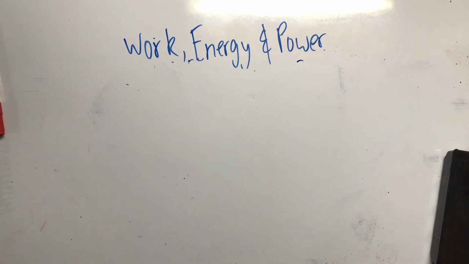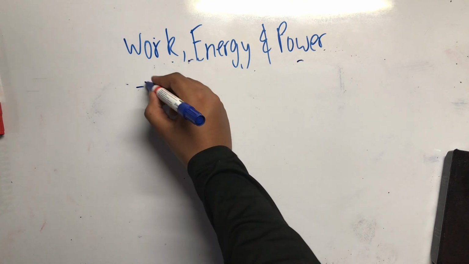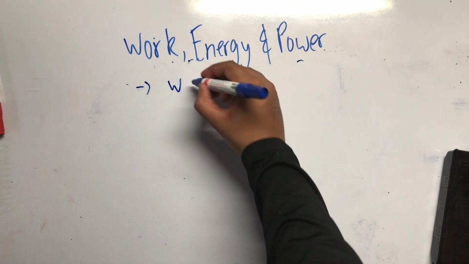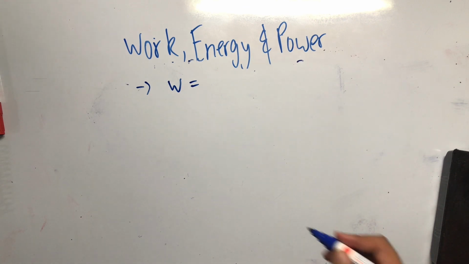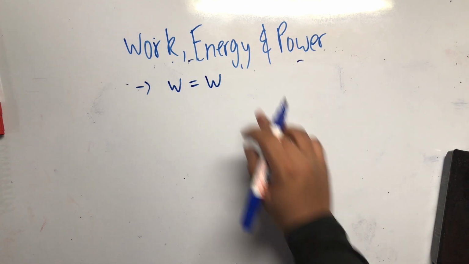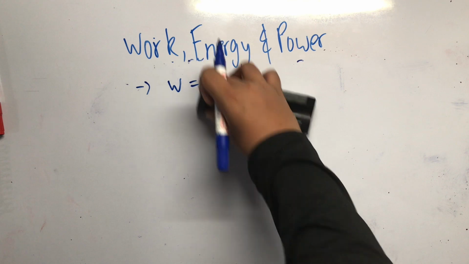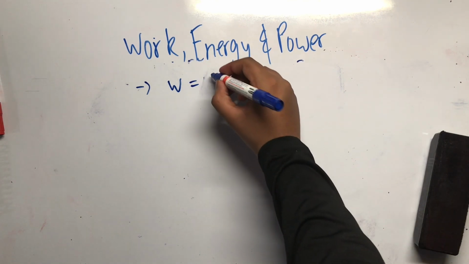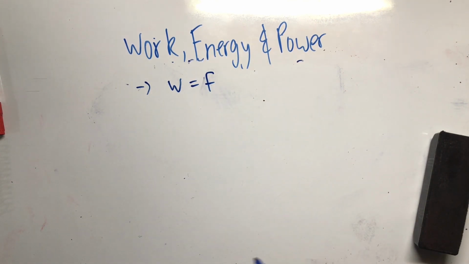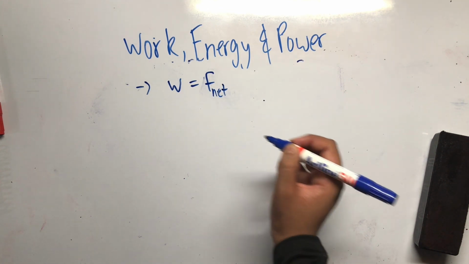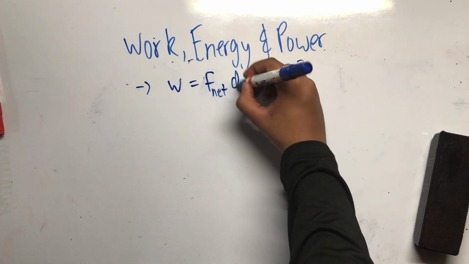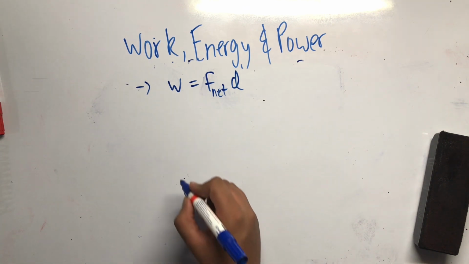So overall there are a lot of equations in this topic, work, energy and power. So let's just summarize them. So work done by a particular force is equal to the product of the force times the displacement in the direction of the force. The product of the net force, F net, times the displacement in the direction of the force.